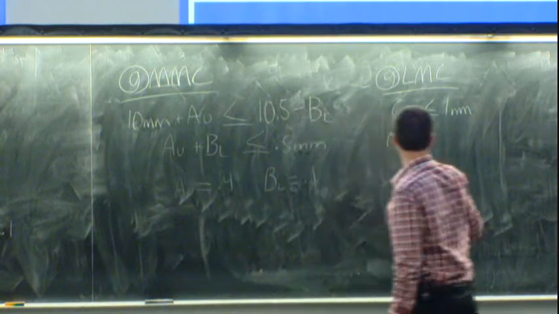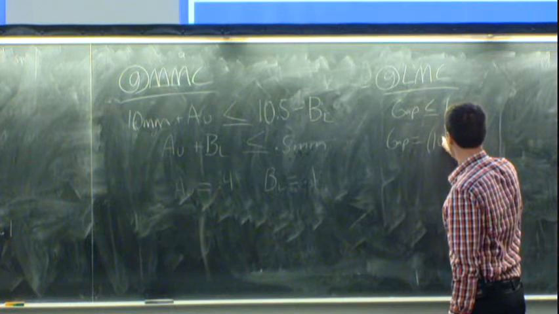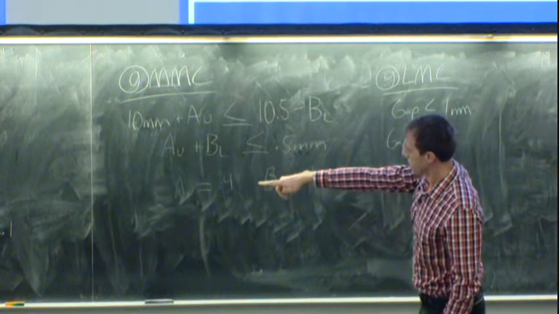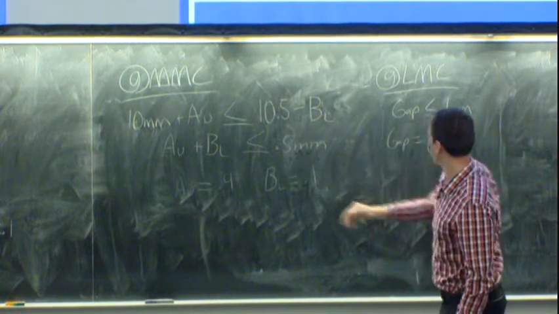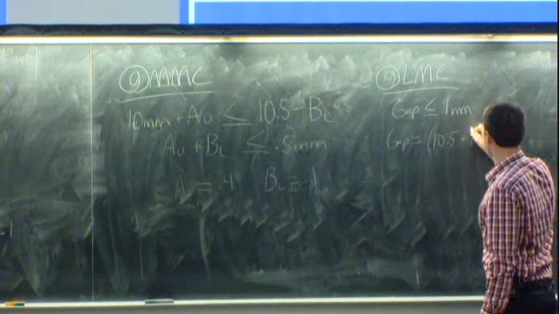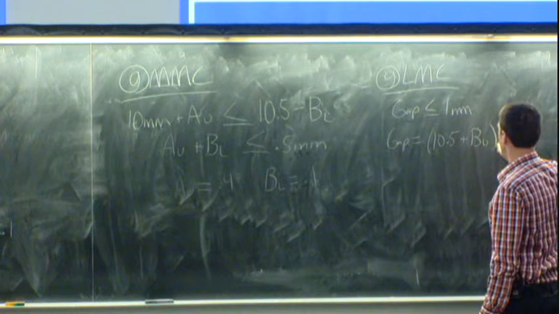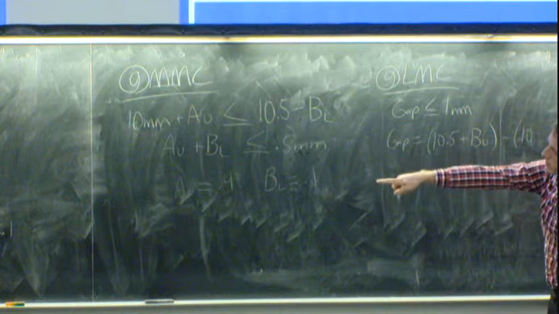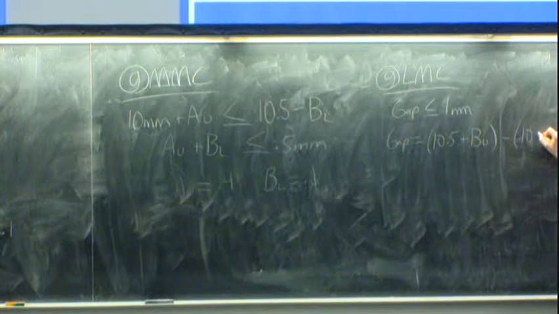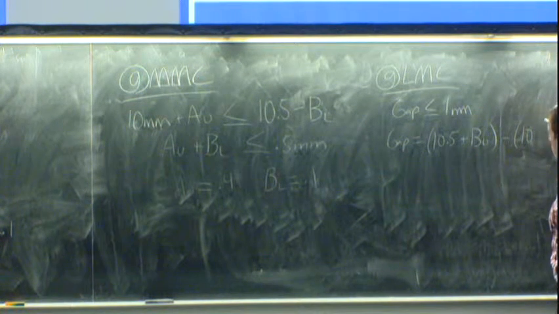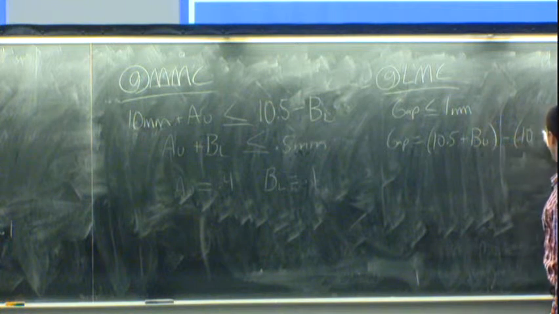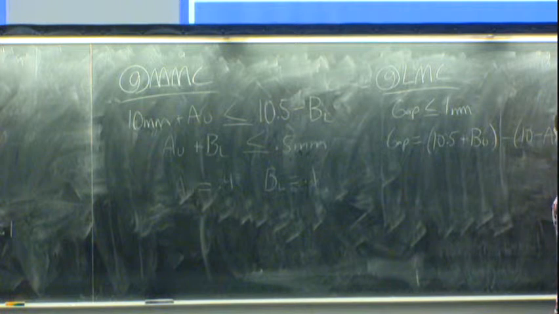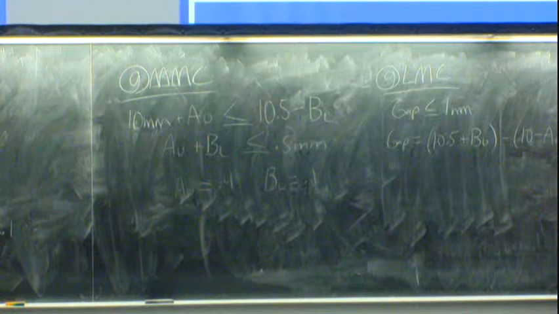So it's equal to 10.5, and then you're at the maximum condition, so you're going to add BU, minus the 10 millimeters for the shaft at its least condition. So that's going to be subtracting out a lower. Does that make sense, everybody?